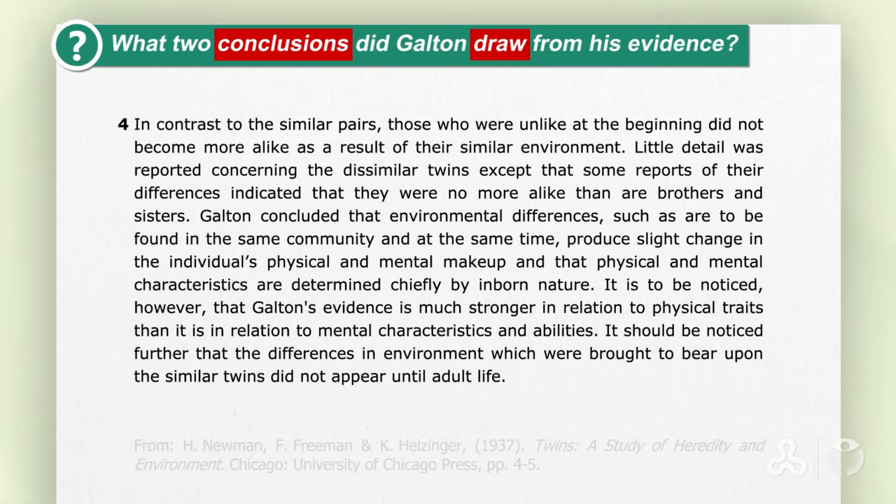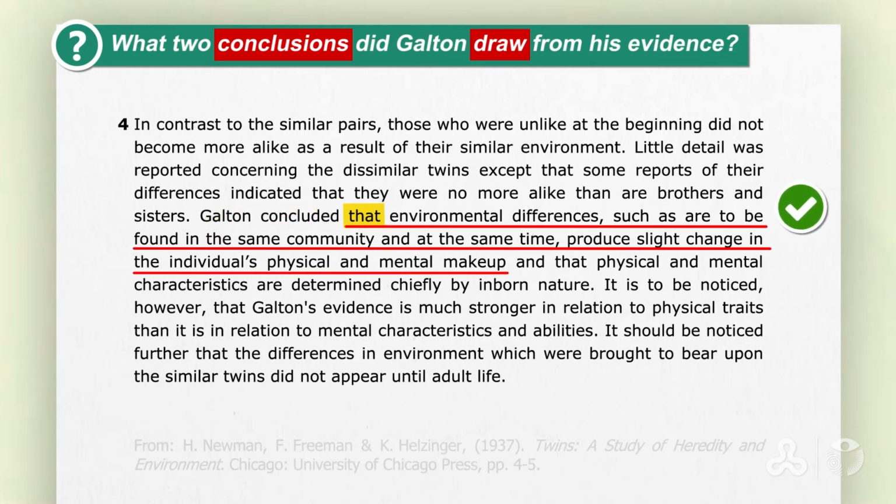And again, after reading paragraph 4, I'm sure you found the words Galton concluded that. And after these words, we're going to get Galton's conclusion. What did he conclude? That environmental differences, such as are to be found in the same community and at the same time, produce slight change, slight means little, produce slight change in the individual's physical and mental makeup.